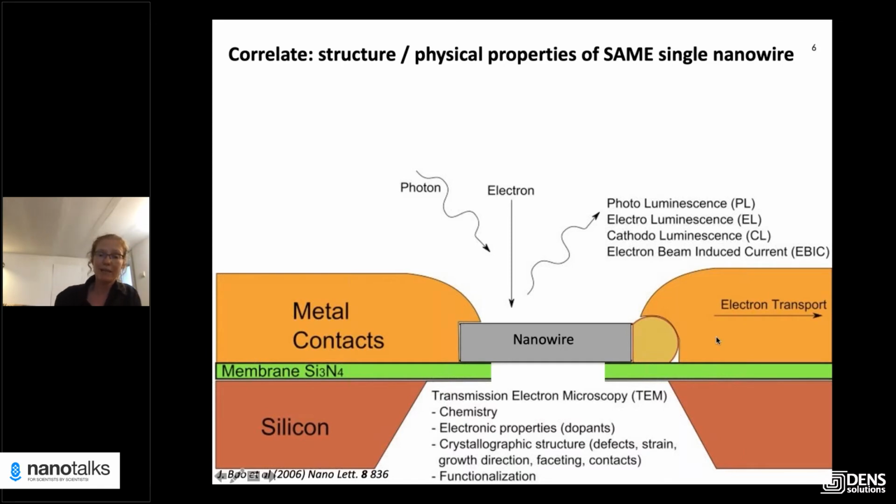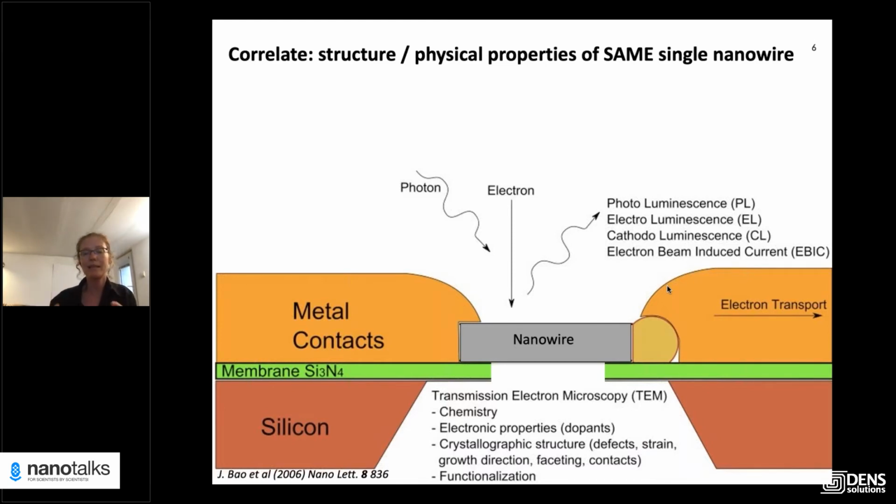Additionally, we can combine all these techniques with characterization of the same object based on transmission electron microscopy, for example, to look at the chemistry of the structure or the crystallography, like defects. And additionally, we can use these contacts to do in situ TEM experiments.